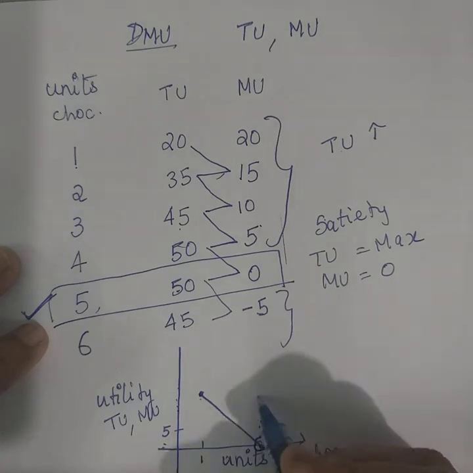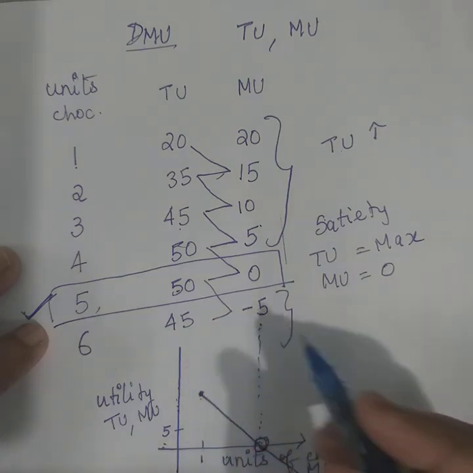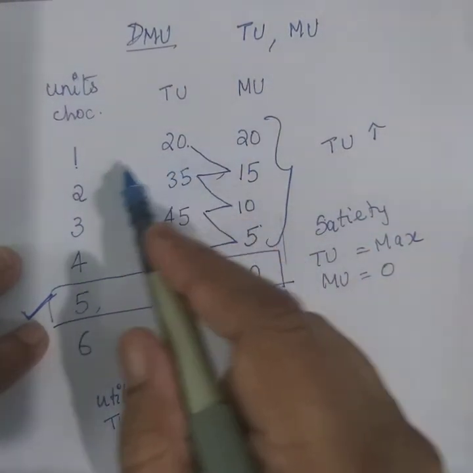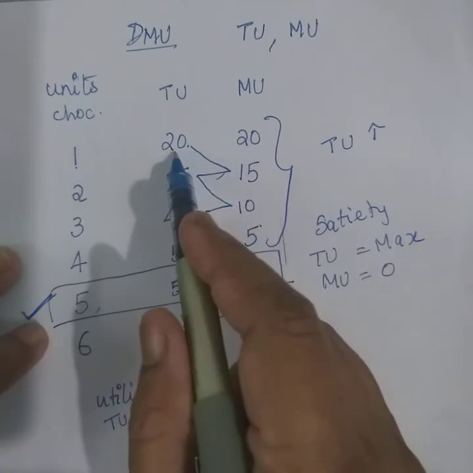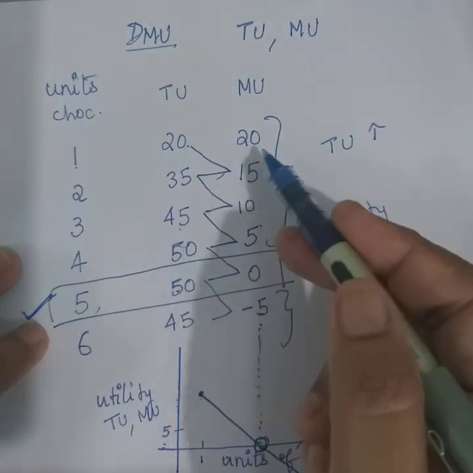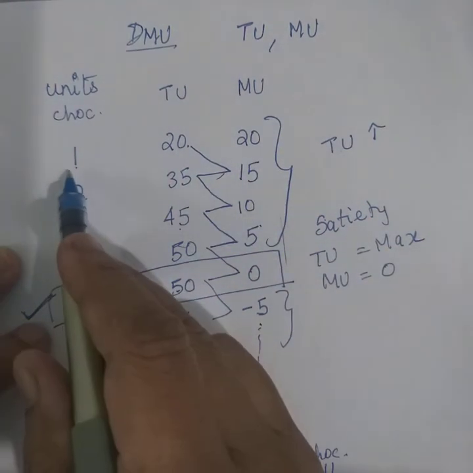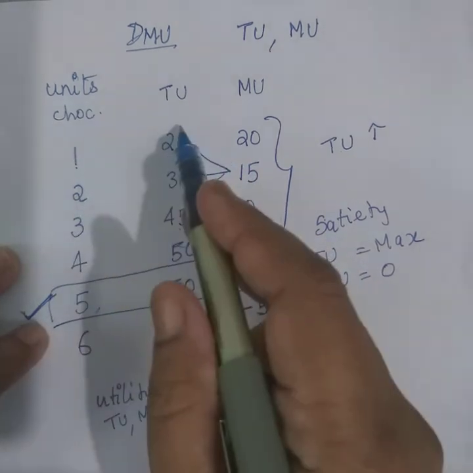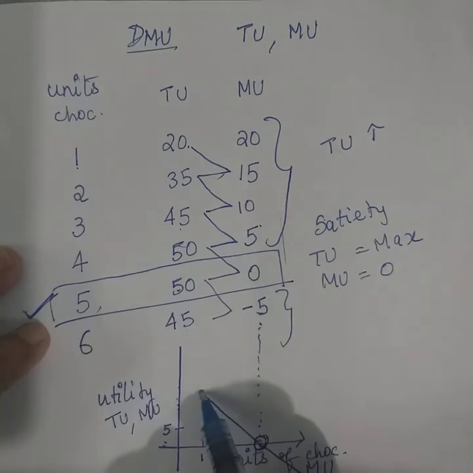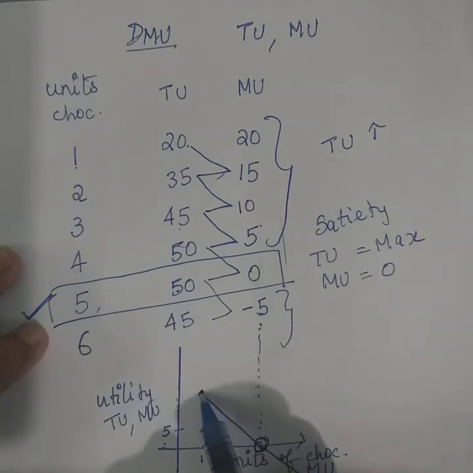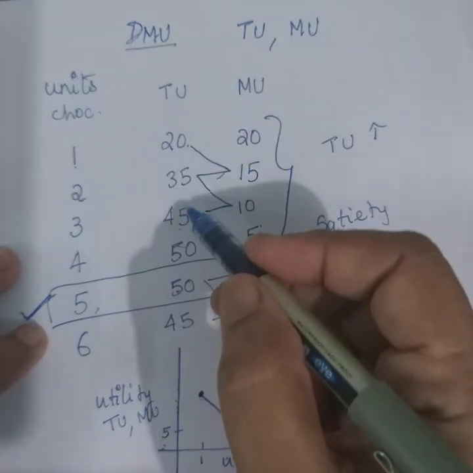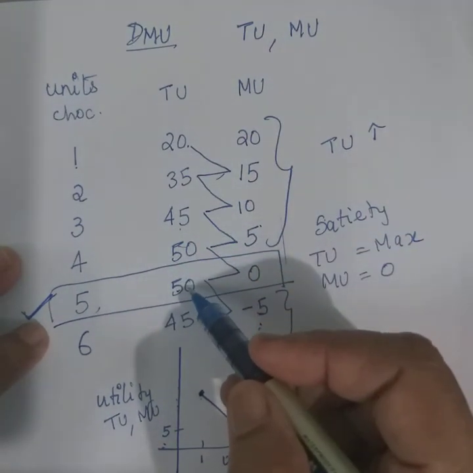Now to show the behavior of total utility: the initial total utility is 20, and marginal utility is also 20, because I have told you that the first unit is also the last unit. So total utility and marginal utility will be the same for the first unit consumed. That means even your total utility curve should start from here. After that, you see that the total utility increases: 20, 35, 45, 50, then it becomes maximum.